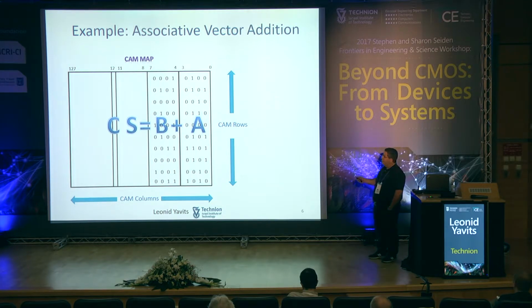There are 2 vectors, A and B, each 4-bit wide, every element occupying 1 row. We're going to place the result S, which is A plus B, in this specific field from bit 8 to bit 11. And bit 12 is going to be the carry bit column, which will also hold the 5th bit of the result.